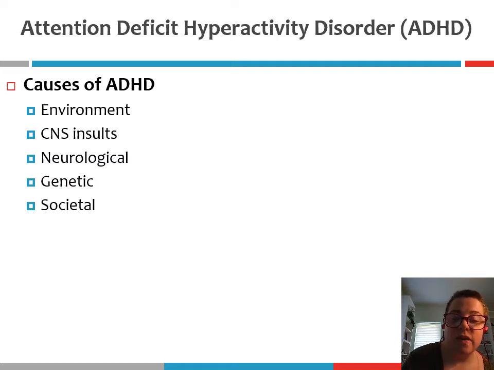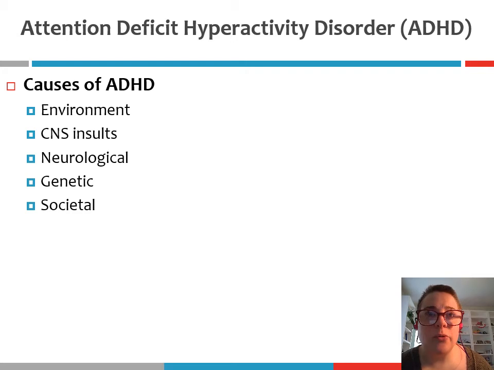What that means is the idea that behaviors that society deems to be aberrant, so behaviors that society deems to be unusual or abnormal or inappropriate, are more likely to be featured in clinical diagnoses than behaviors that are accepted by society.